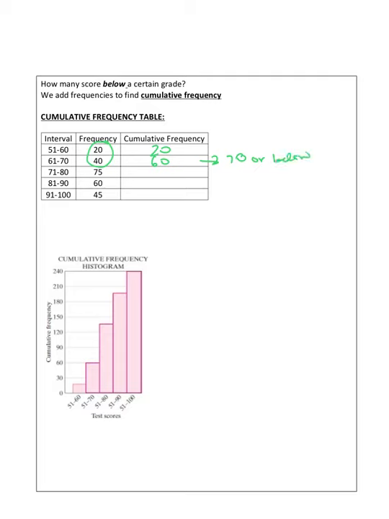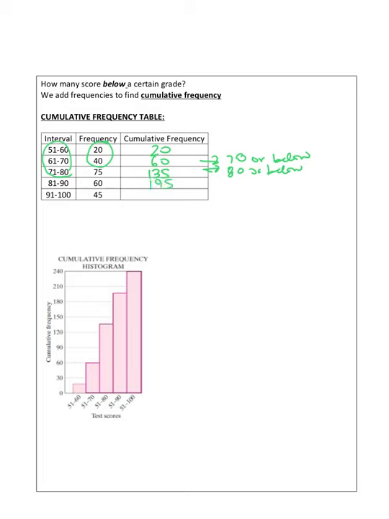And then the next group, 71 to 80, 75 people scored between 71 and 80. So you would add that group on to this total, so you would end up with 135 people. That's everyone who scored 80 or below. Then continuing on, you would just add on the next number.